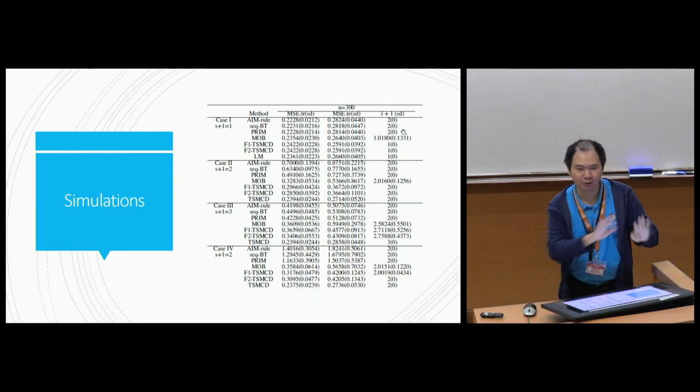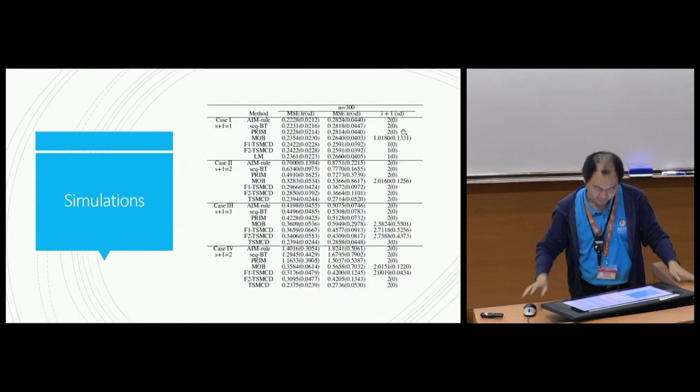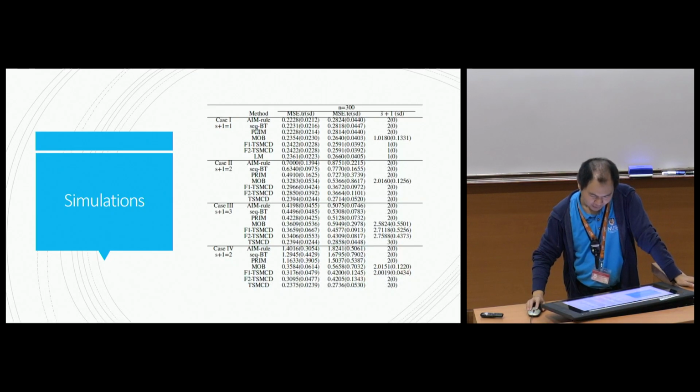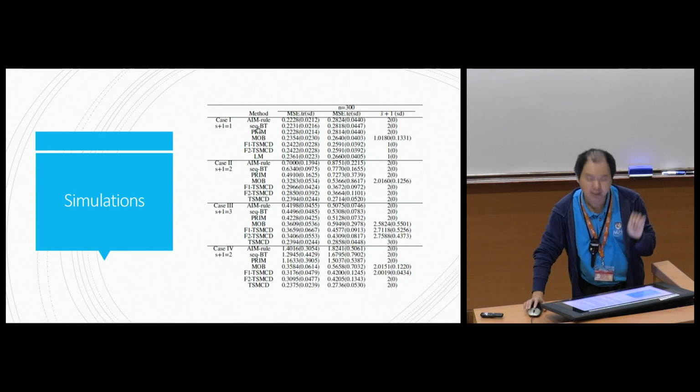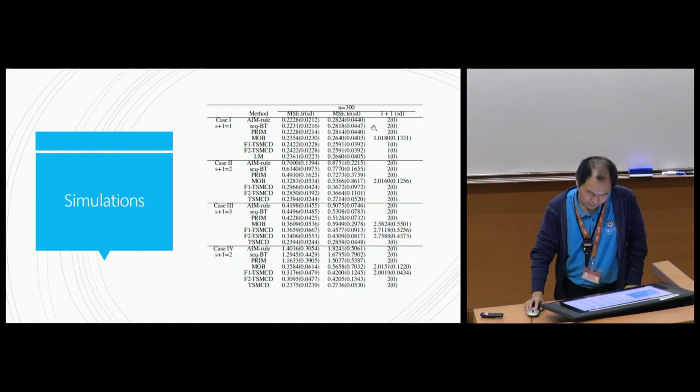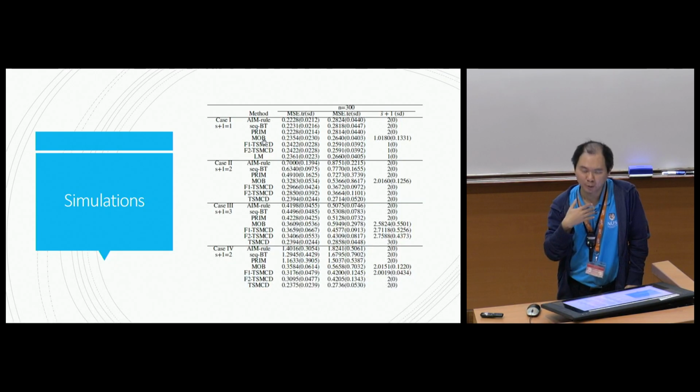We compared with many methods in the literature: the AIM method, SIGBT method, PRIM method, and MOB method. Those are all existing methods. They have R packages as well, so we just use their R functions. And then F1, F2, TSM, CD are our proposed methods.